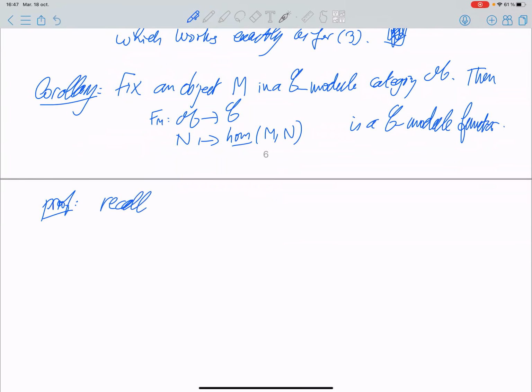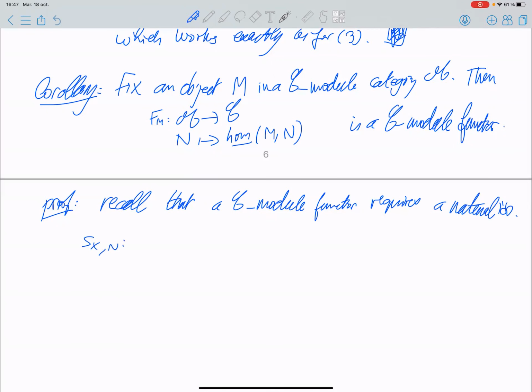So recall that a C module functor requires a natural isomorphism with some commuting diagram.